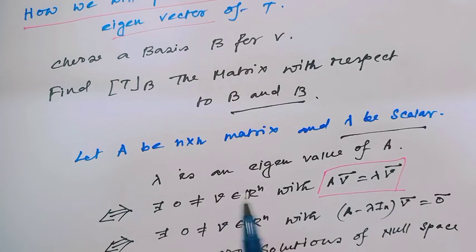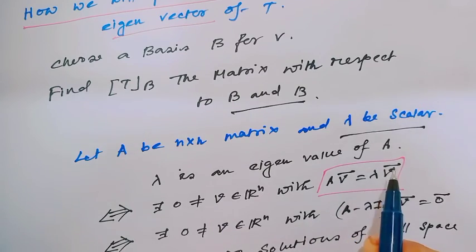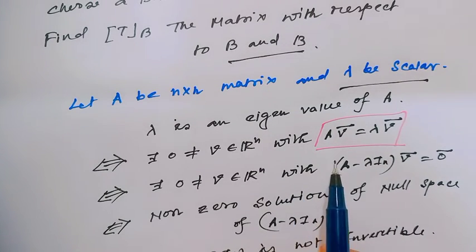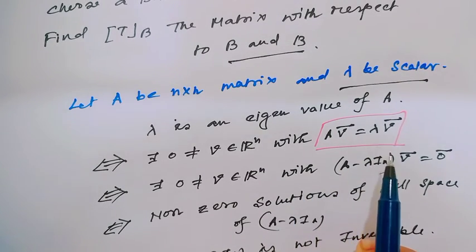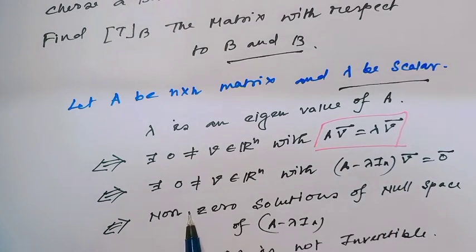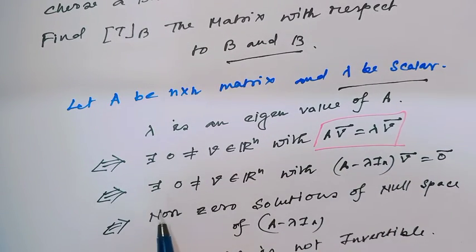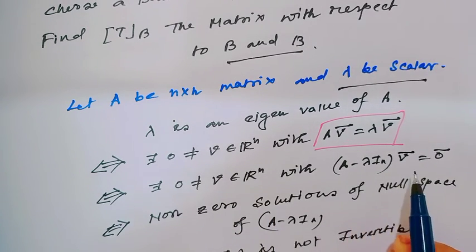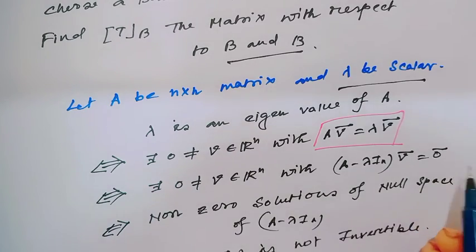Then obviously lambda is an eigenvalue implies there exists a non-zero v belonging to Rn such that AB v equal to lambda times v. That means from these lines there exists a non-zero v in Rn with the condition A minus lambda In times v equal to 0 vector.